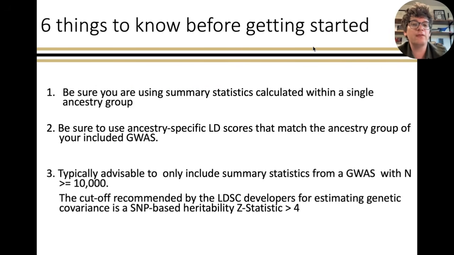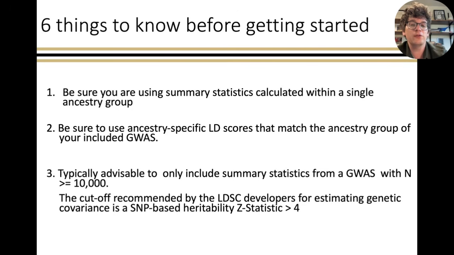A couple of things to keep in mind before getting started, reflecting common pitfalls that I see for people that are first starting to use the package. The first 2 relate to matching ancestry across all the different data sets that you're using. Genomic-SEM is not currently a multi-ancestry method, and the GWAS data that you're providing need to be within a single ancestry group, and that ancestry group needs to be matched across the included data.